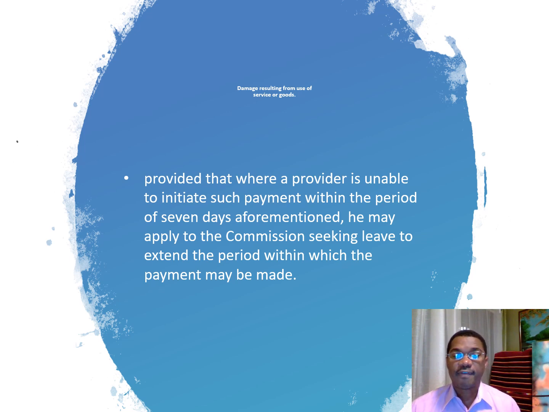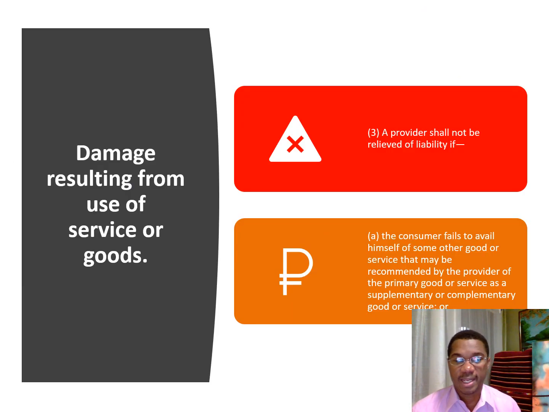Now, if the provider is unable to initiate payment within that period, then they can apply to the commission for an extension of time to allow them to make the payment.